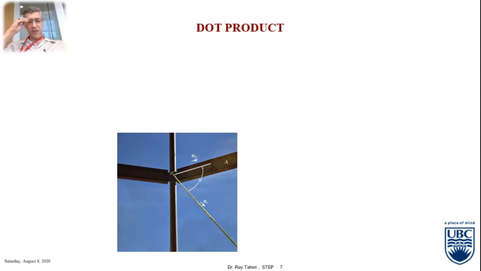So first of all, one of the most important applications of dot products is when you have a vector and you want to find the projection of this vector in another direction. For example, if this is the force, and I want to know how much of this force will act in this direction, then I have to use dot products. Very applicable, very practical, with lots of engineering applications.